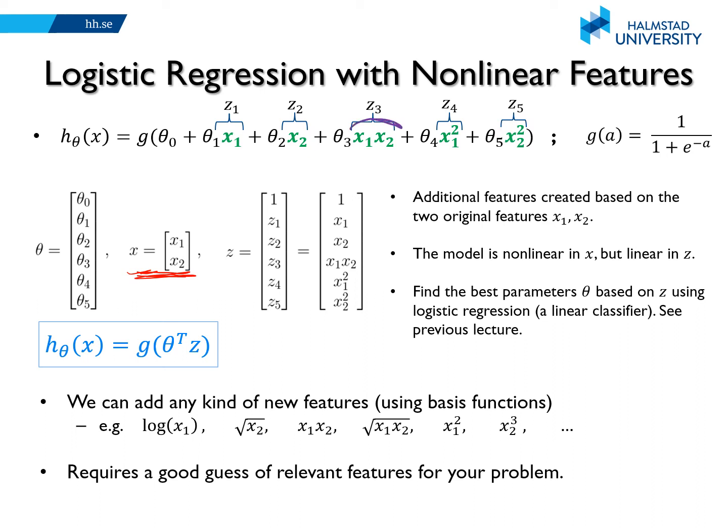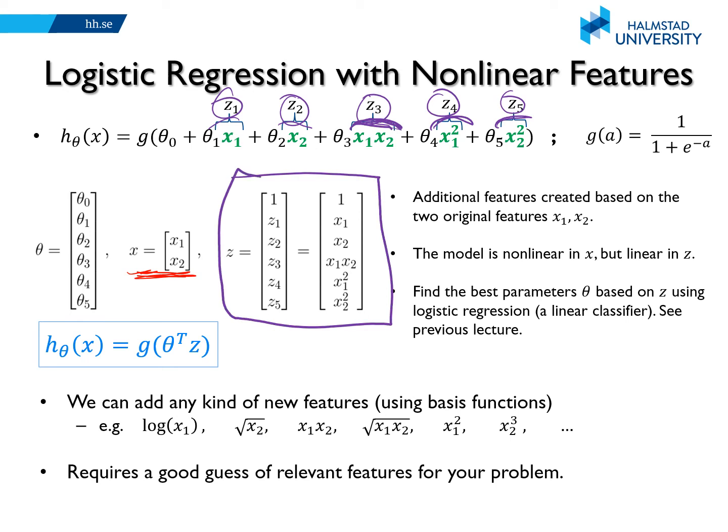This new feature x1 times x2 is just called z3, right? This is another feature, and this is another feature, and these are our two original features. So now our feature vector is this one. We have higher dimensional data than the original one because we have x1, x2, but also the new features x1 times x2, x1 squared, x2 squared.